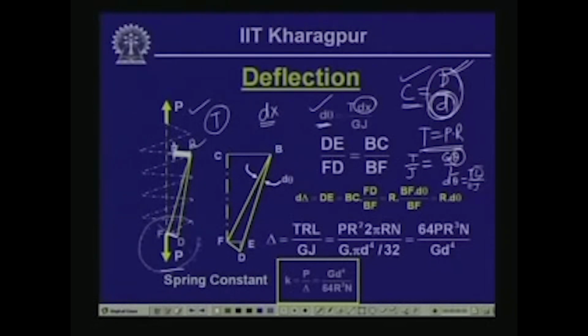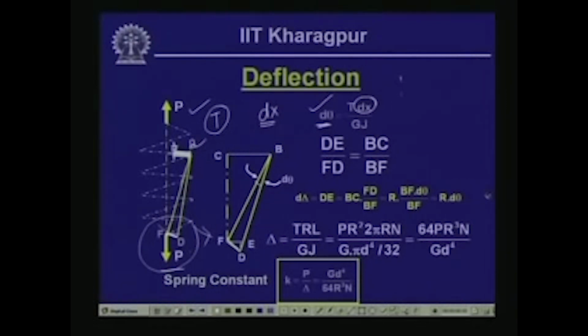This is exaggerated in this figure. This distance Fd can be written as BF times d theta.